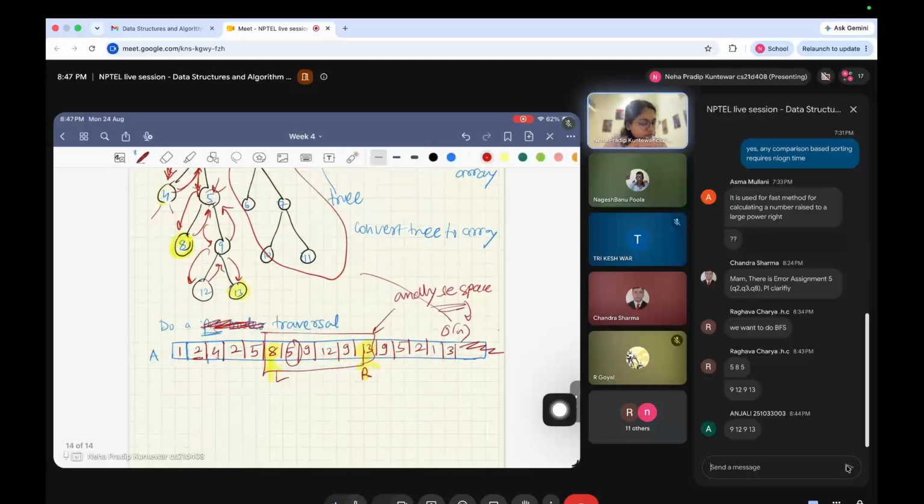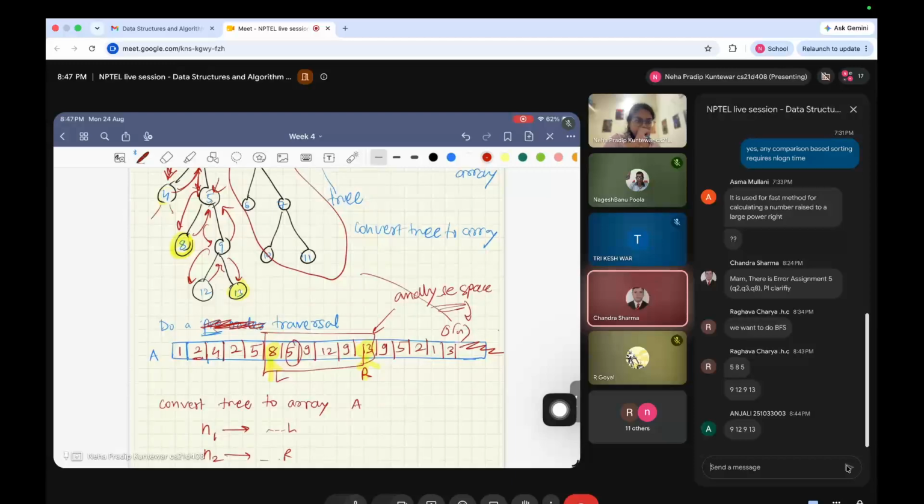So the algorithm is: convert the tree to array A, then take nodes n1 and n2, and relate them somehow to L and R. Once you can do that, you just want to use the range minimum query algorithm.